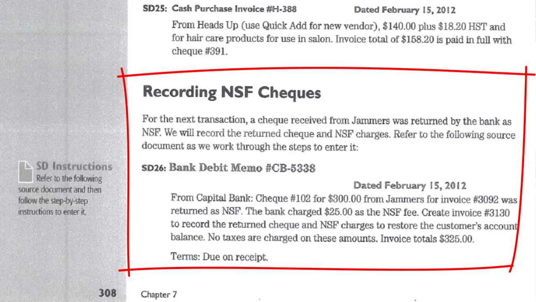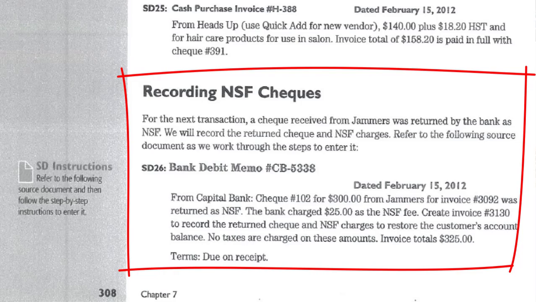In this case, Jammers gave us a check for $300, check number 102. When we deposited it, shortly after, our bank sent us a letter or memo or called us and told us this check was no good from Jammers, so now we have to record it. Mafisa was working in the bank, so she understands the procedure for NSF checks.